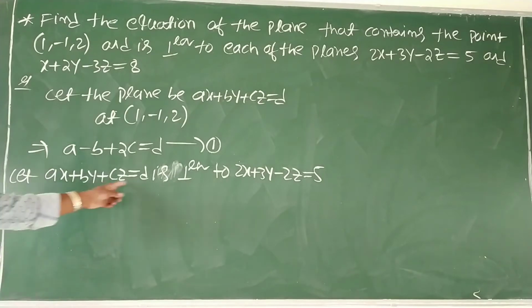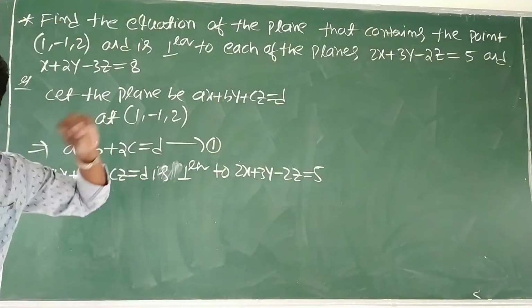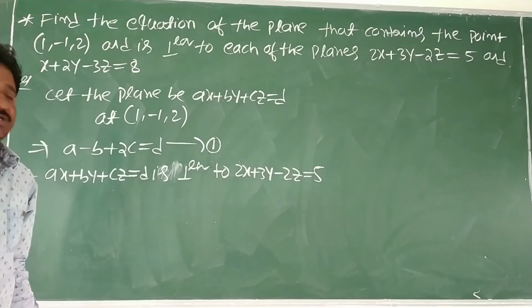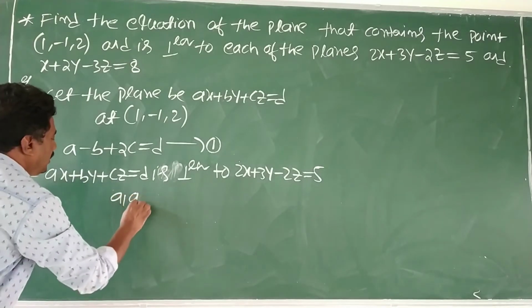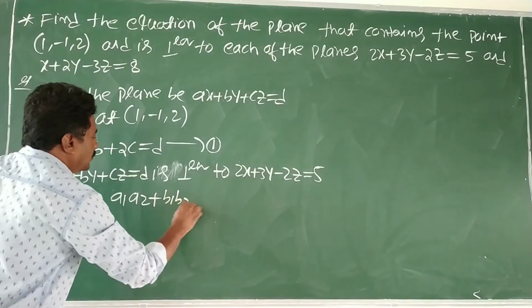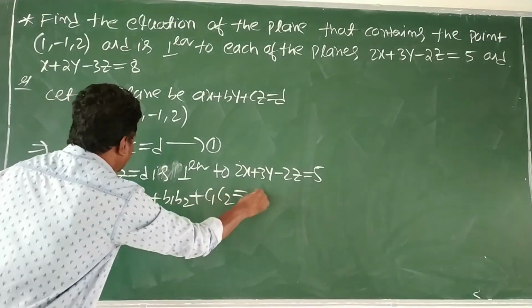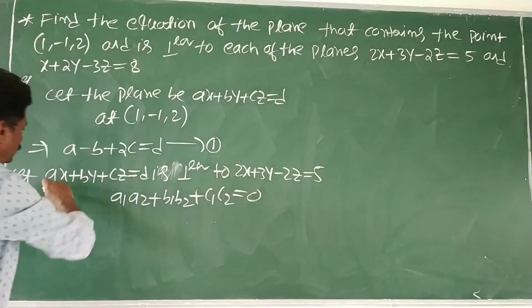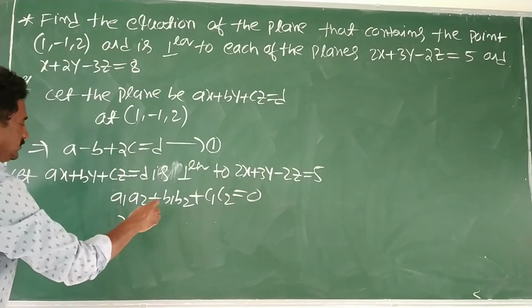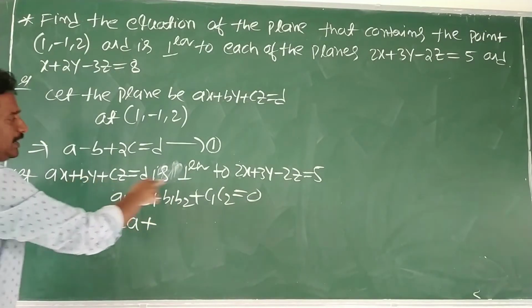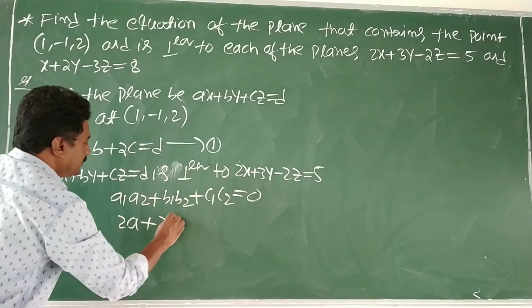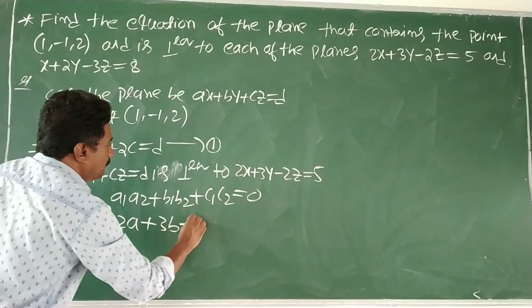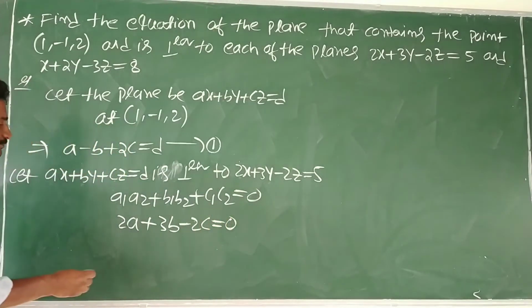What is the condition for two planes to be perpendicular? A1A2 plus B1B2 plus C1C2 is equal to 0. So A1A2 is 2a, plus B1B2 is 3b, plus C1C2 is minus 2c, equal to 0.